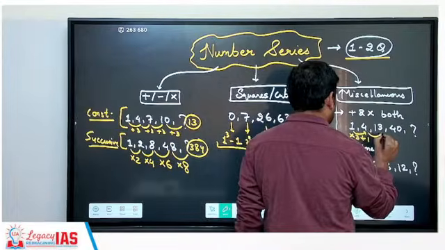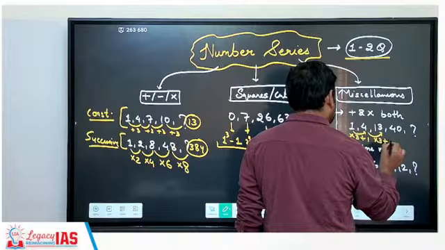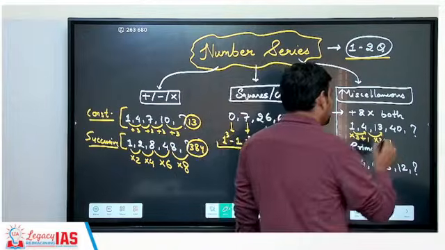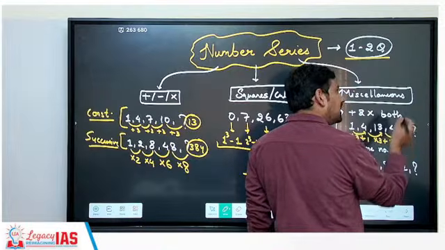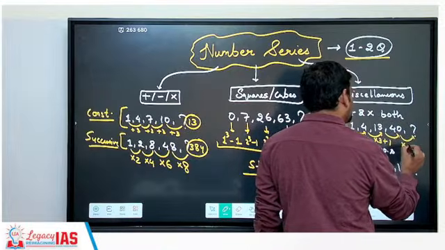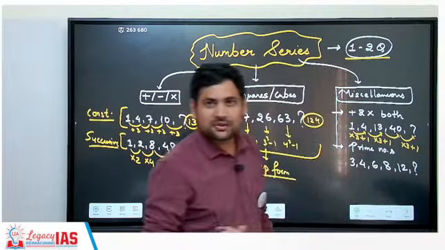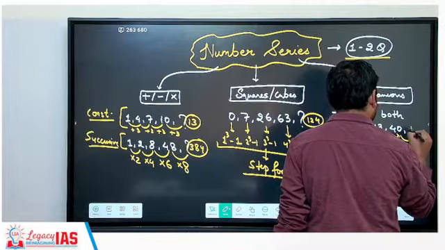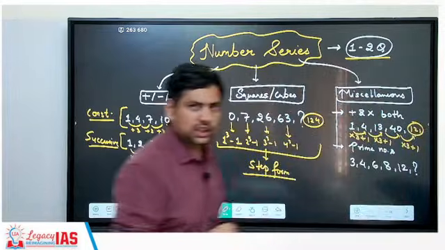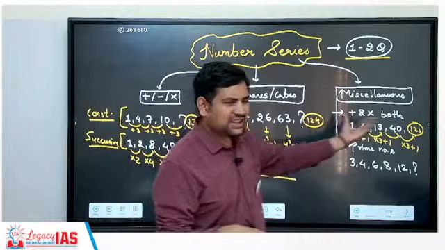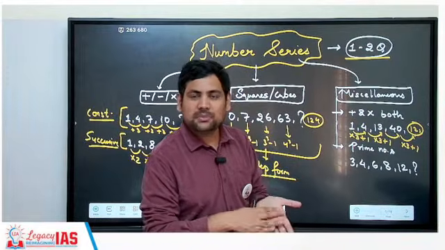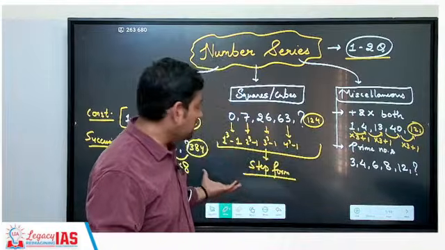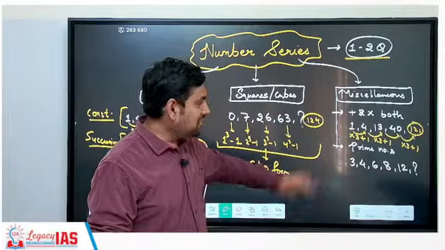Now, next, this is also into 3 plus 1. 4 3s are 12, 12 plus 1, 13. Similarly, this is also into 3 plus 1, 39 plus 1. Next would also be into 3 plus 1. 40 into 3 is 120. 120 plus 1 is 121. So 121 becomes the answer. Understood? So this is plus and multiplication both together. Sometimes they give it like this also. Okay, this also is helped by when you start doing step form. So I'll show you how to do it.